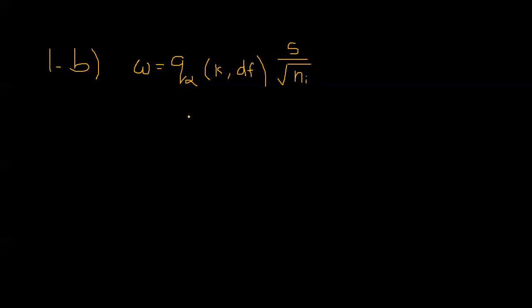If you refer to the formula of Tukey's method, or Tukey test, omega is Q alpha times K, df, times S divided by square root of n, where S refers to the square root of MSE.